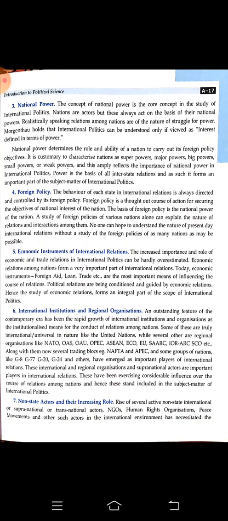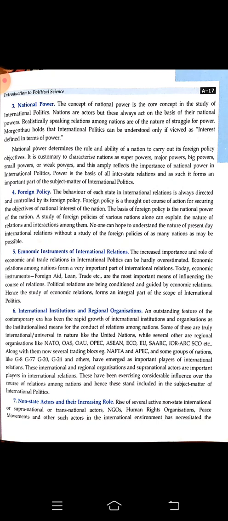India was not able to decide whom to support and whom not to. India opted to be neutral and not support either of the power blocs. That is a foreign policy. That time it was NAM, so you can say India adopted the NAM foreign policy during that time.